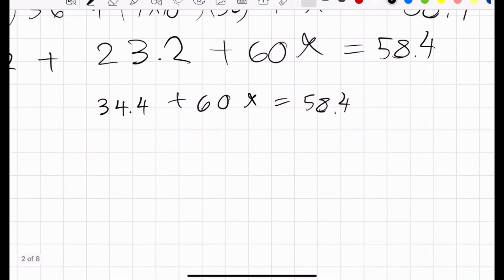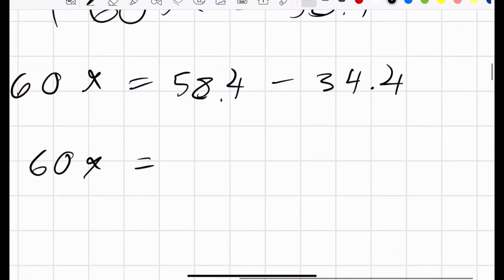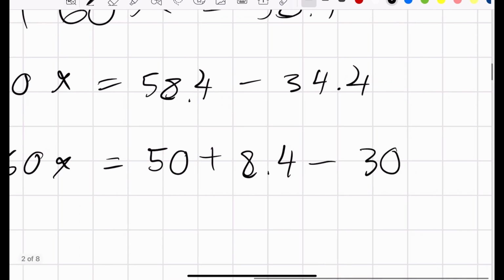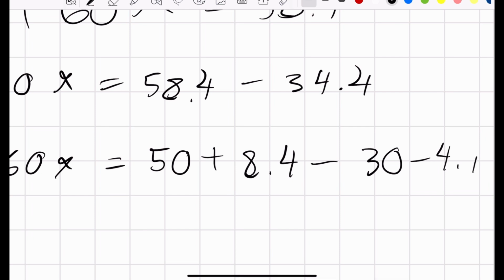Now if you subtract both sides by 34.4, we get 60x equals, now how do we do this? We can say this is 50 plus 8.4 minus 30 minus 4.4.